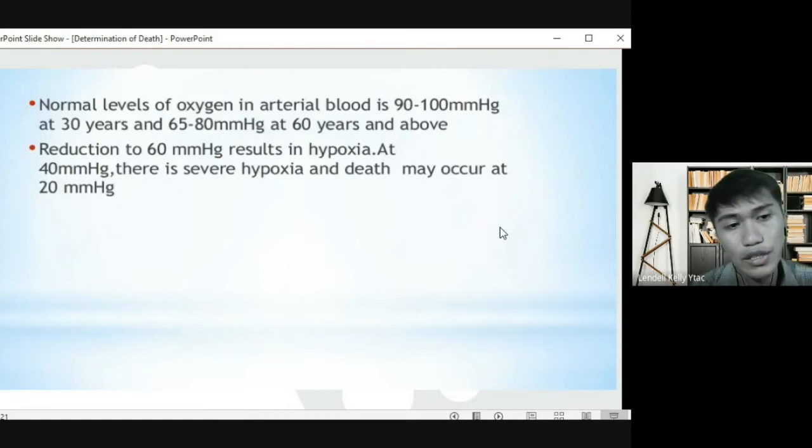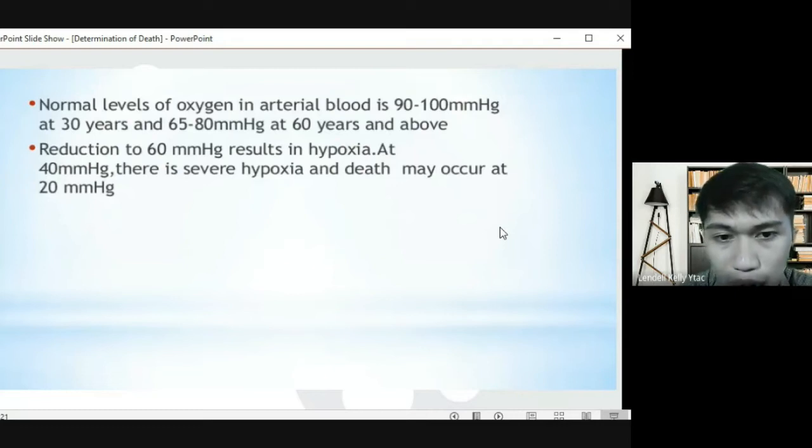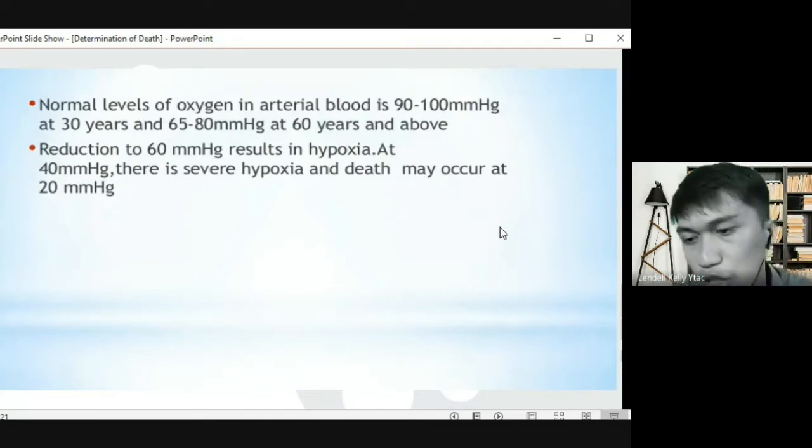So this is the normal level of oxygen in arterial blood. If you perform arterial blood gas assessment, although this is quite an advanced na topic, you need to understand that there's such a thing na tinatawag nating arterial blood gas or yung ABG. In this test, we want to measure the amount of oxygen that is saturated in the blood, ano ba yung partial pressure of oxygen that is saturating the blood.